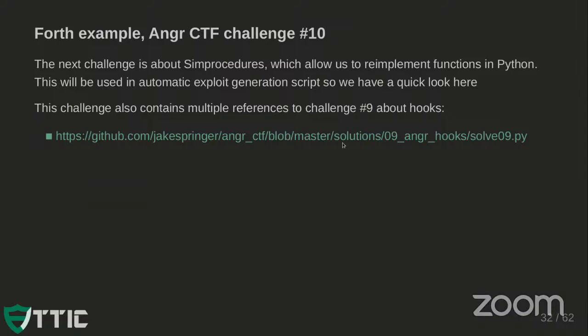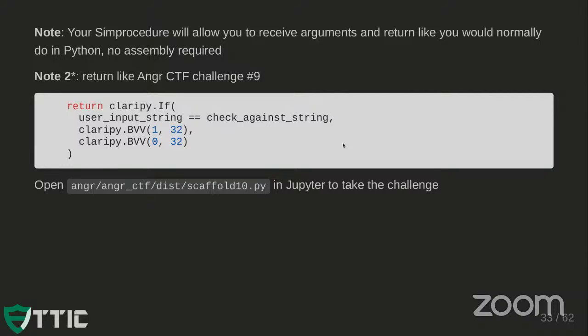So there is an exercise about that. It's the Angr CTF challenge number 10, where we use SimProcedure. There is also challenge number 9, which has some things that will help you.